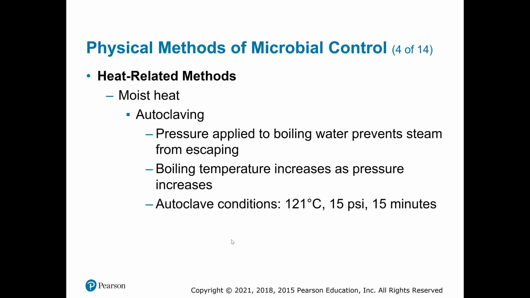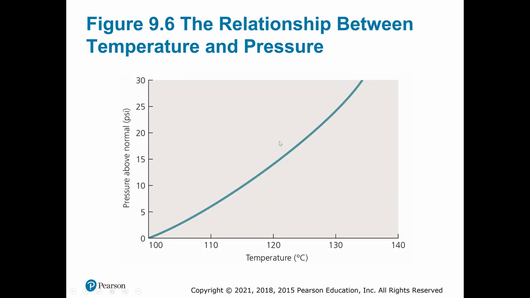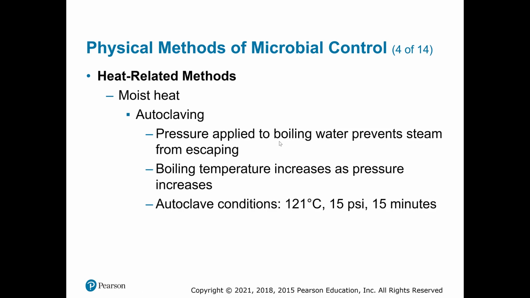Autoclaving. This is a method that is used in the laboratory setting and in hospitals. I have a picture here. This is a very small autoclave. They're usually as big as like a refrigerator. It's like a giant pressure cooker, basically. So you're using steam, boiling water, pressure, really high temperatures to sterilize.